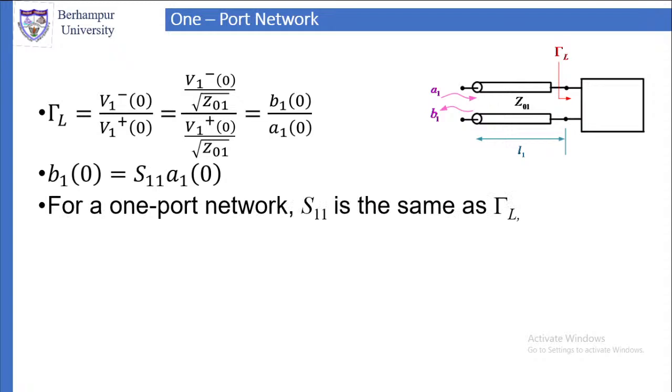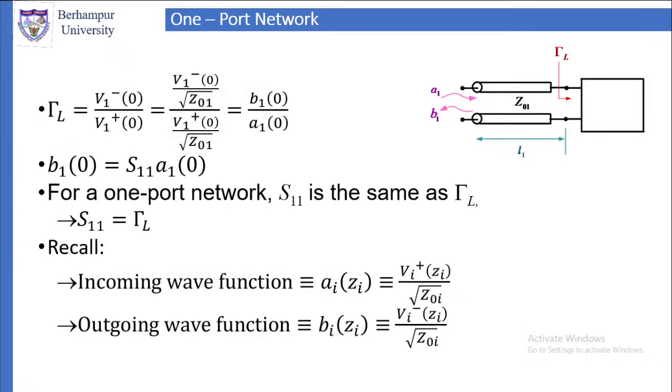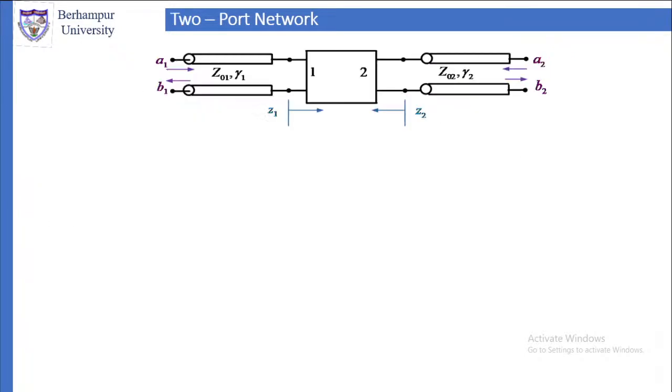S11 is gamma L. So for a one-port network, S11, the scattering parameter at port 1, is the same as the reflection coefficient gamma L. Now remember this: the incoming wave function Ai is equal to Vi plus by root over of Z0i. Similarly, the outgoing wave function Bi is equal to Vi minus by root over of Z0i.